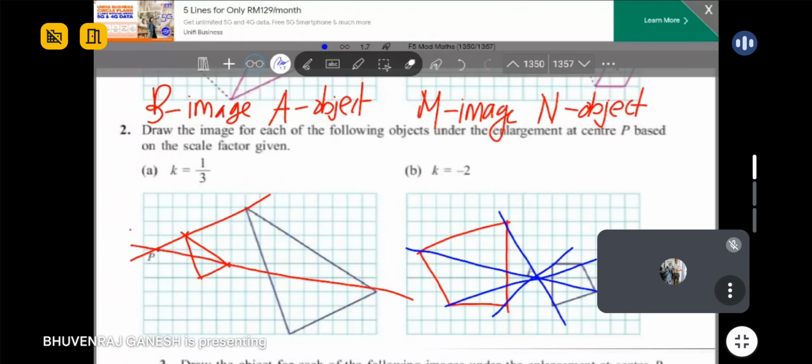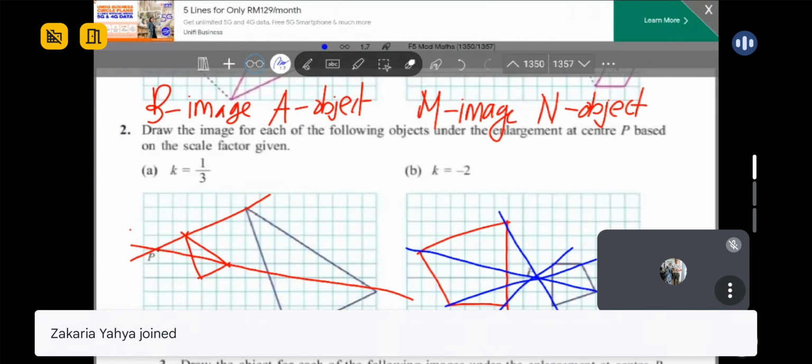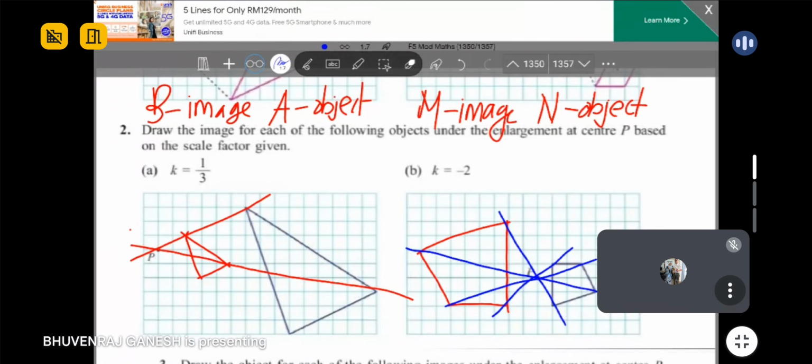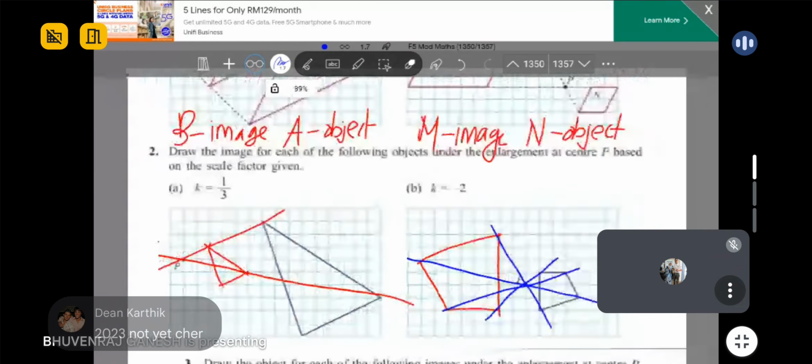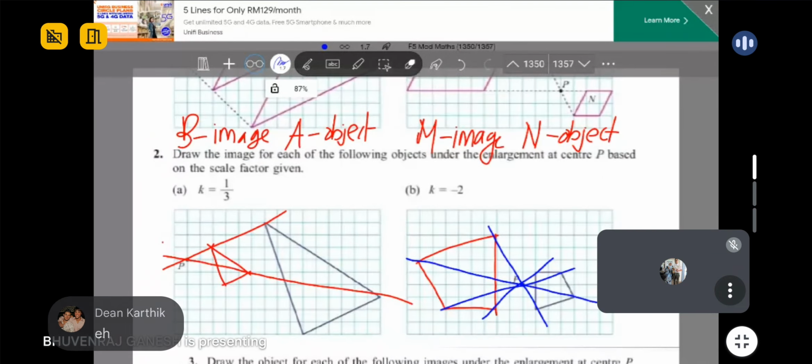Okay, any one of you here got the SPM 2023 paper? Anyone here? Maths and Add Maths? Do you have the book for last year's SPM? Because I don't have, I think it's out for sale already, if not mistaken. Not yet out.